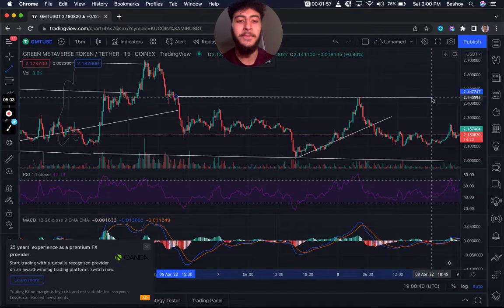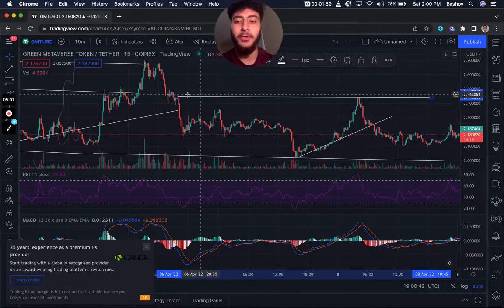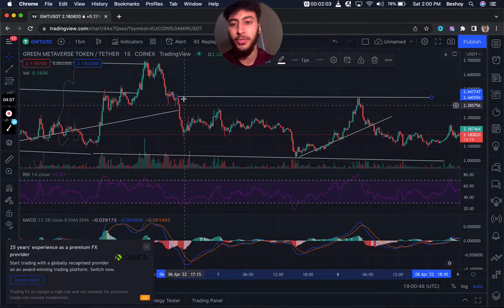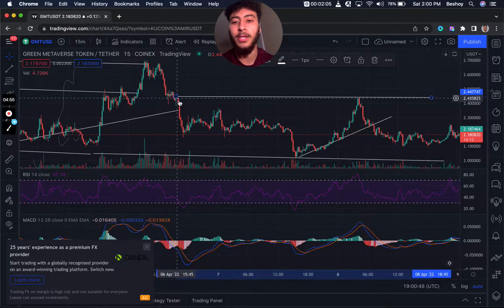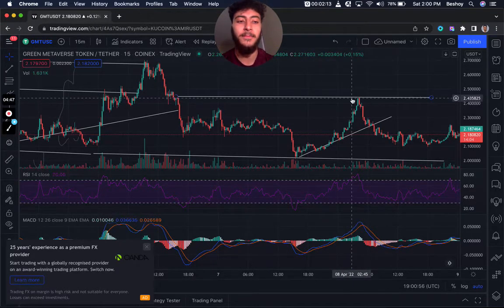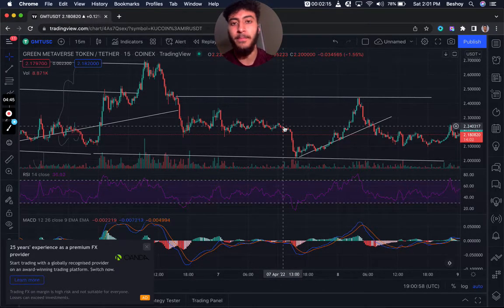Right after, we couldn't break this level. So 2.44 was very crucial because we had another bearish order block at these areas. A lot of investors had their money right here, and once price went back up, we saw a big reversal occur.